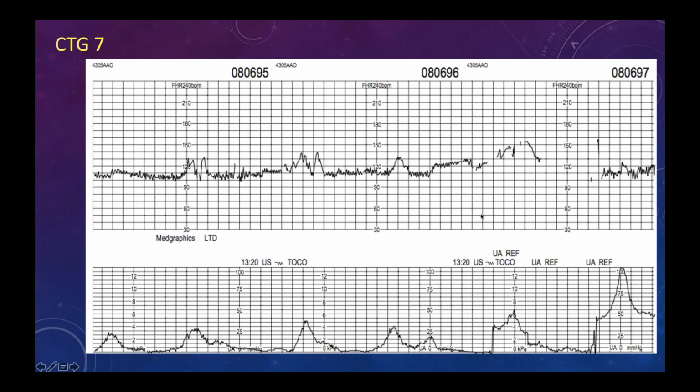But in the later quarter of the CTG, there is loss of the tracing, maybe due to loss of contact, and uterine contraction is 3 in 10 minutes. Okay, yeah, good. And so my comment is normal CTG.